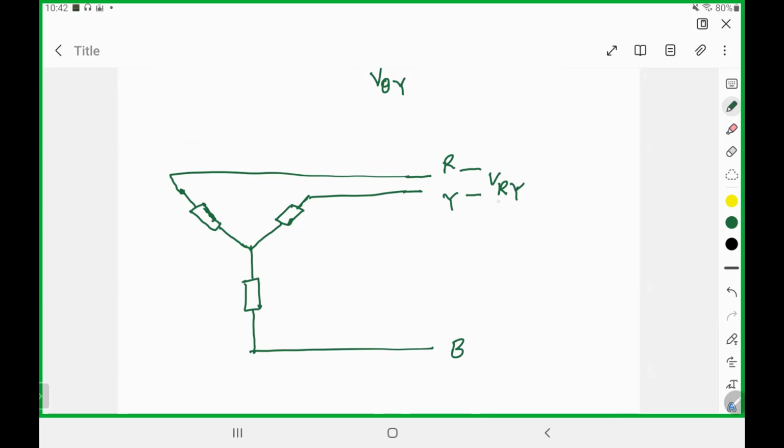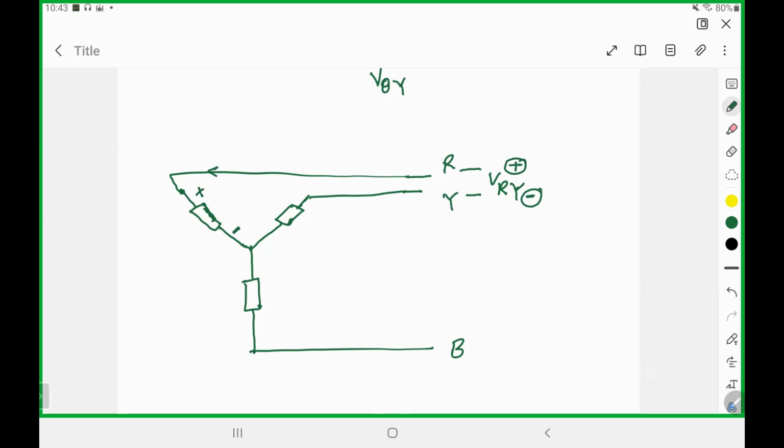And I have written RY, that means we know that there is no distinguished polarity for sinusoidal. Every half cycle it is changing, but we will consider only the positive cycle. Then I can consider this one will be my positive terminal and this can be my negative terminal. And from this positive terminal, the current is flowing in this direction. Then I will have this one is the positive and this one is the negative, right?